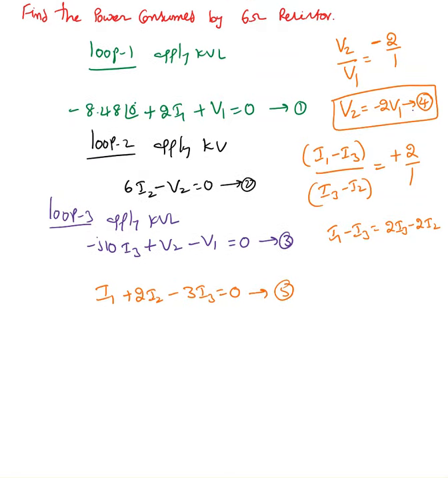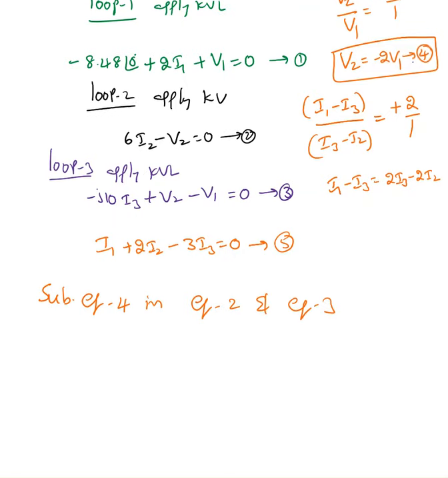Now I'm going to substitute equation 4 in equation 2 and equation 3. That way I can eliminate V1 and V2. I'm going to substitute V2 equal to minus 2V1. So 6I2 minus of minus, plus 2V1 equal to 0.